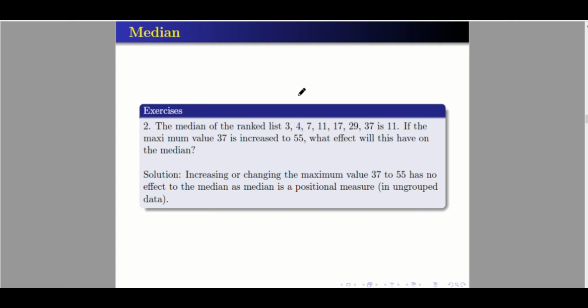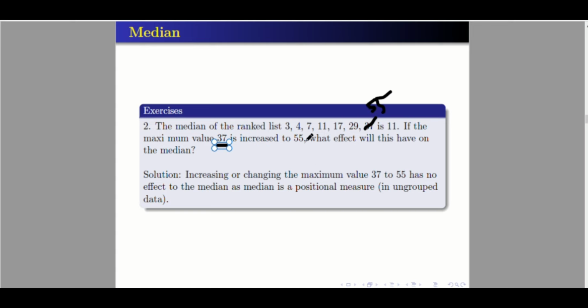Okay, number 2. The median of the ranked list is 11. If the maximum value 37 is increased to 55, meaning I will change 37 to 55, what effect will this have on the median? So changing the maximum, this 37 to 55, has no effect on the median, as the median is a positional measure. Say for example, I will change this to 55.